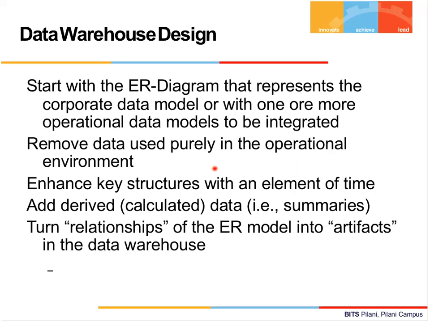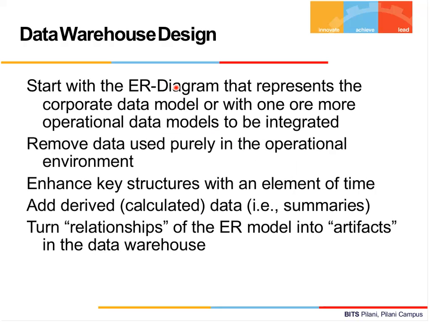Data warehouse design: some of the slides here I have elaborated. We start with the ER diagram that represents the corporate data model. The ER diagram, or entity relationship diagram, is for operational system design, so this is what we have in the operational data systems.